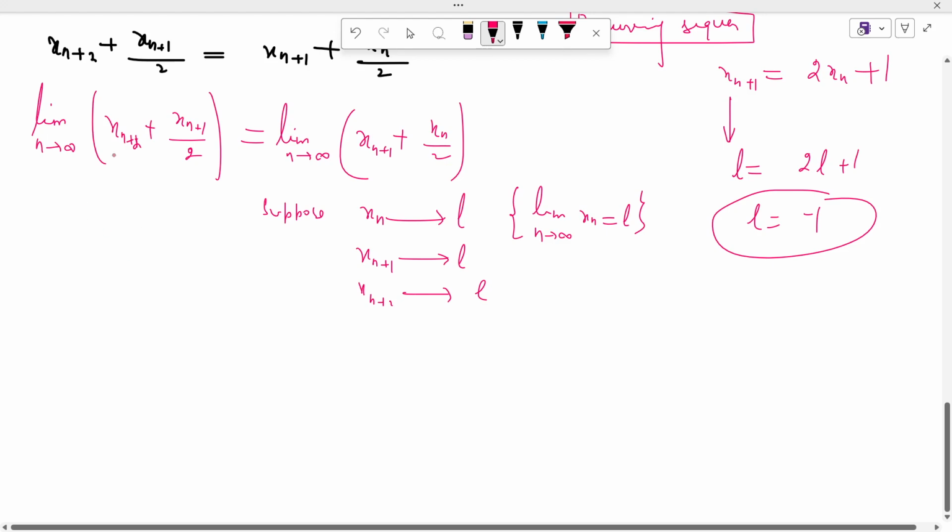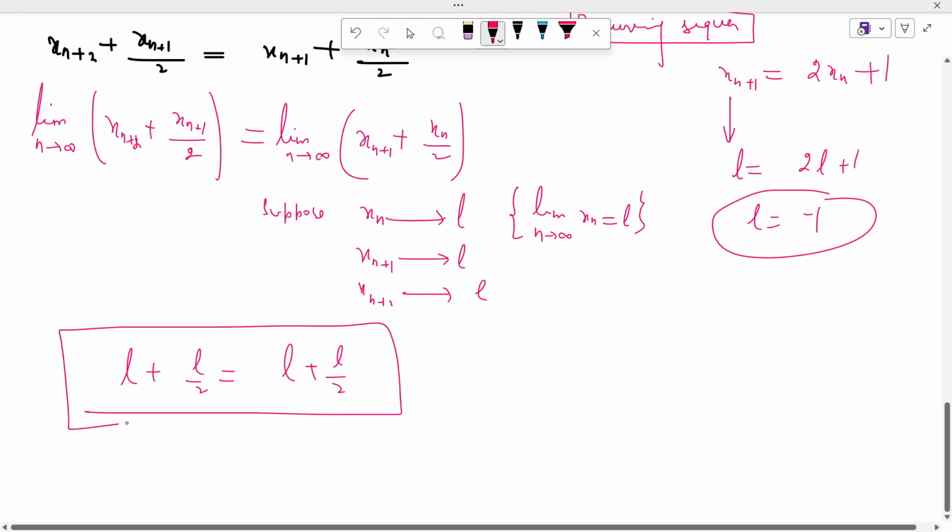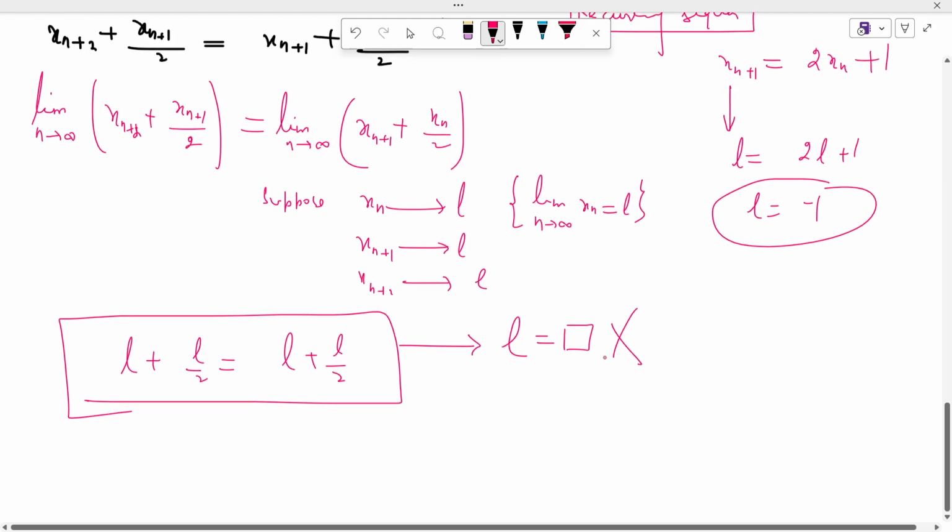So you will write (L plus L) by 2 equals (L plus L) by 2. So this becomes an identity, exactly. So it is very difficult to find L. We can't find the value of L.